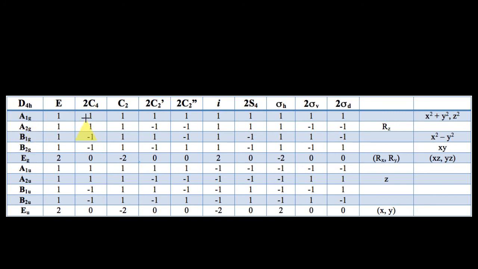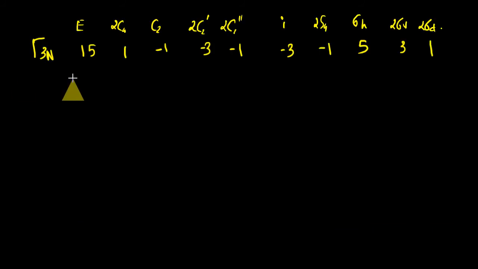A1g is the totally symmetric representation, 1 1 1 1 1 1, so I can easily do this. n A1g is equal to 1 divided by 16, that is 1 by h, the order. 1 by 16 into 15, plus 2 into 1, that is equal to 2. The final factor comes from the character table, corresponding to A1g. Since it is 1, that is not going to make any effect.